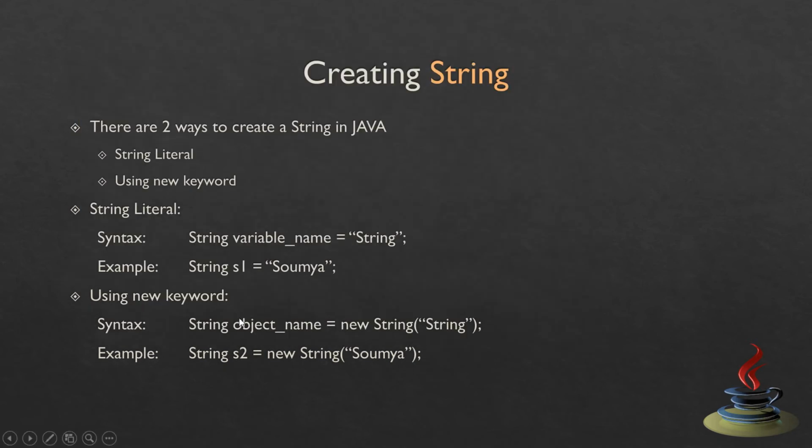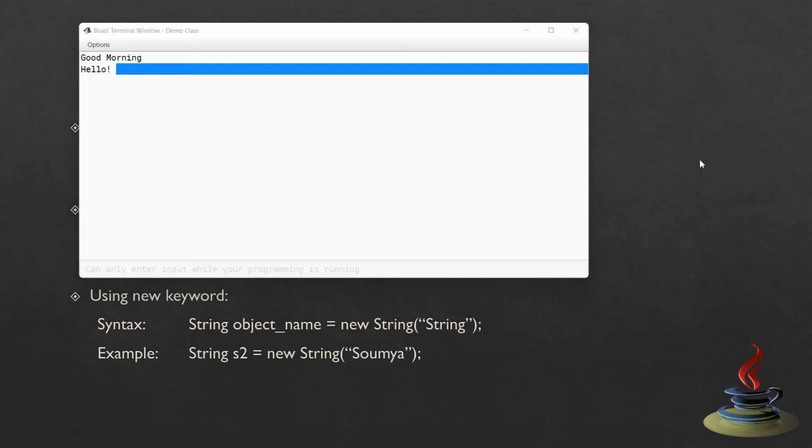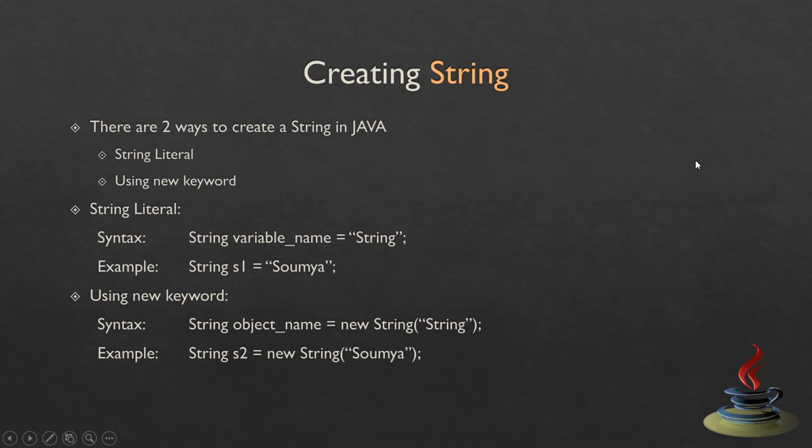Hello is created with a new instance, but good morning is using a string literal. In both ways you can assign the values. All right, let's go to our next slide.